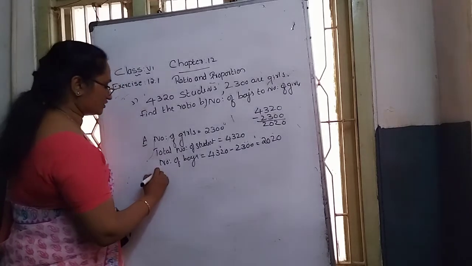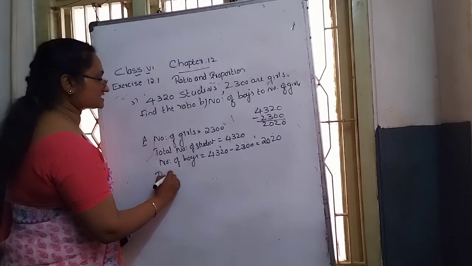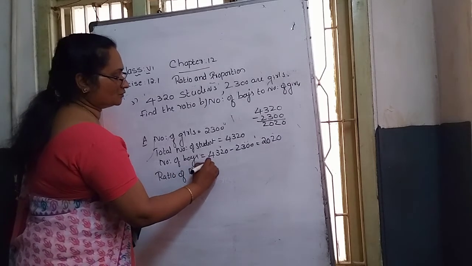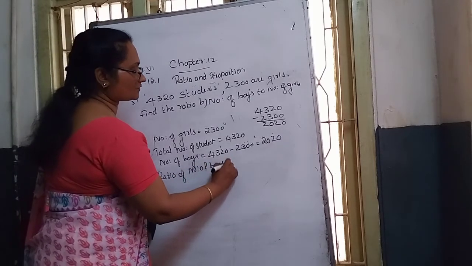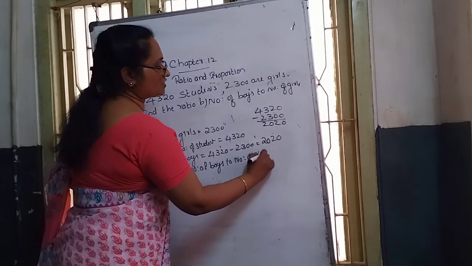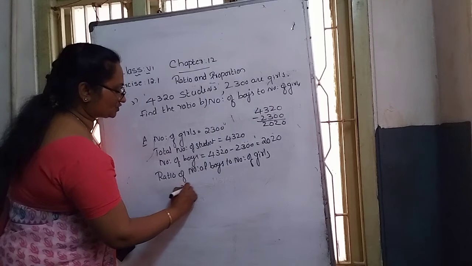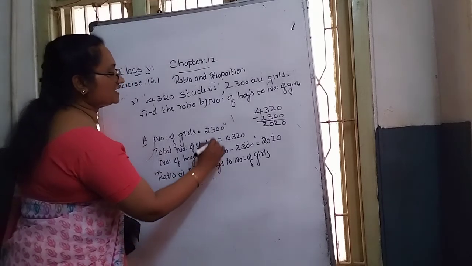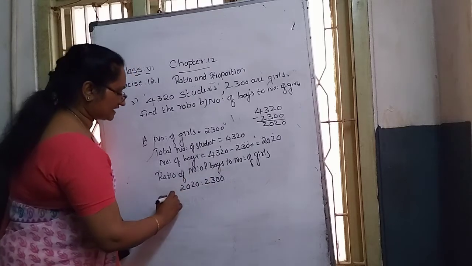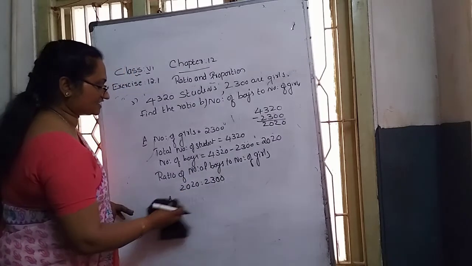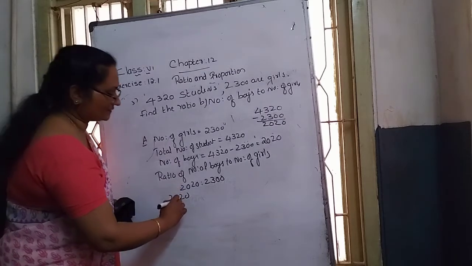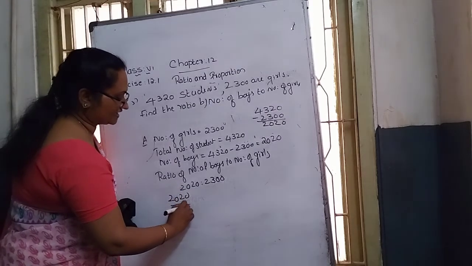Now find the ratio. They ask the ratio of the number of boys to the number of girls. The boys number comes first, 2,020, is to the girls number, 2,300. In fractional form, 2,020 by 2,300.